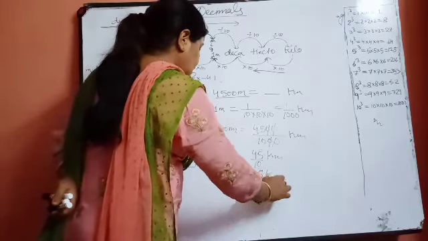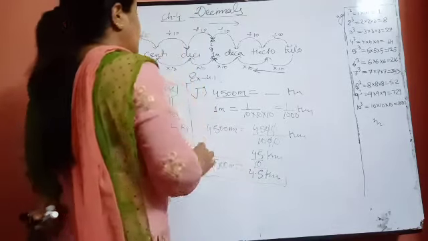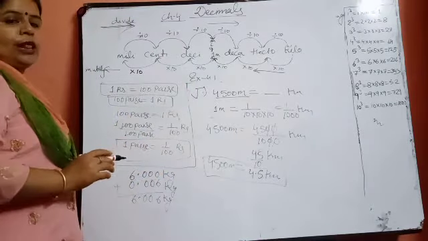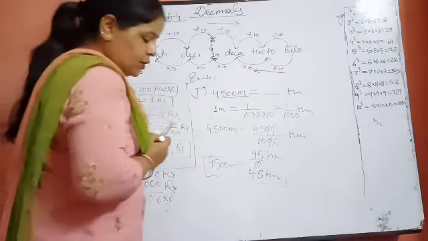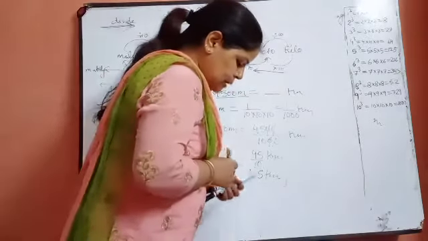So see that beta, it is a very interesting and easy way you can do with the help of this table. Okay, one more question I am going to do, for millimeter also.